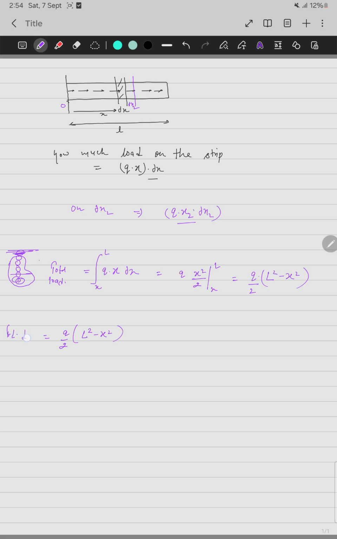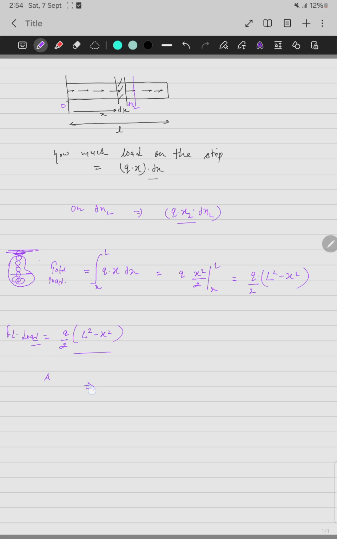Okay, this is the total load. Now let's say the cross sectional area in this particular section is A. So what will be the stress here?